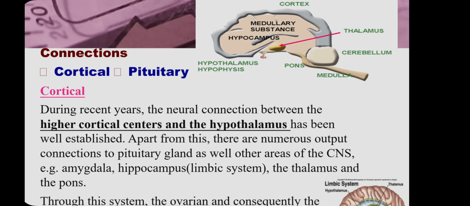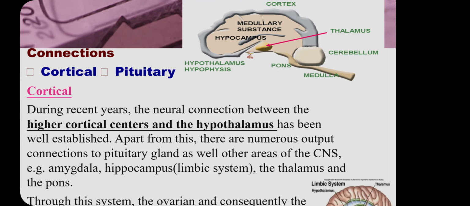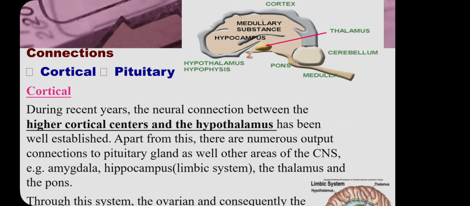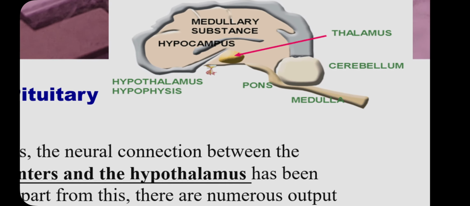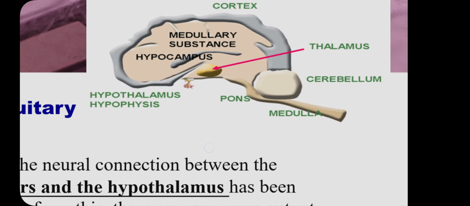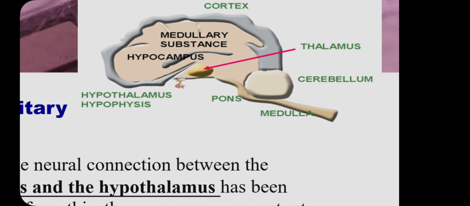It has connections with the pituitary gland as well as with other centers of the brain like the amygdala, hippocampus, thalamus and the pons, and other parts of the CNS or the brain.